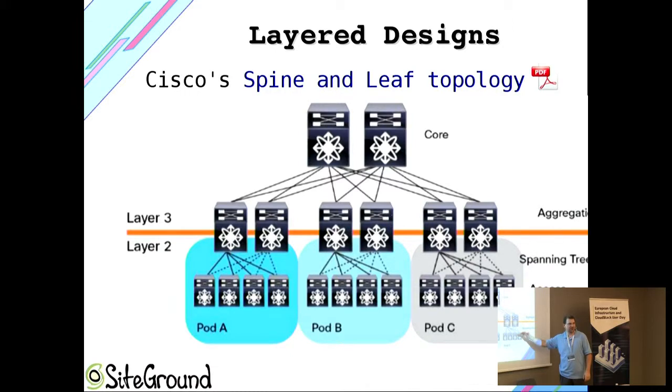Which is a problem. So this here stays within the spanning tree, spine and leaf topology, where you have a few access switches, top of rack switches, that use the normal fat tree topology, but they have backup links with other switches.